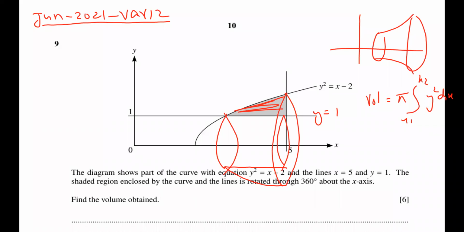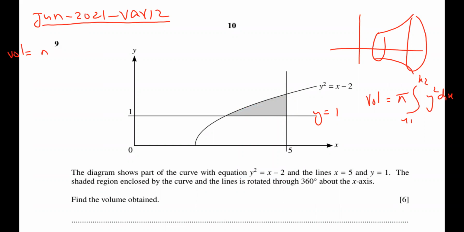So how do we get the volume of this shape? The formula is very clear. The volume is pi integral from x1 to x2 of y squared for the curve, minus pi integral from x1 to x2 of y squared dx for the line.